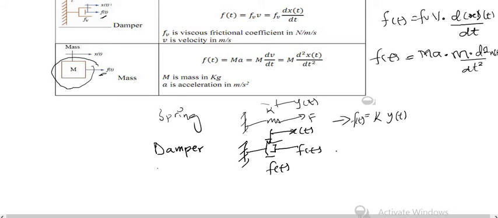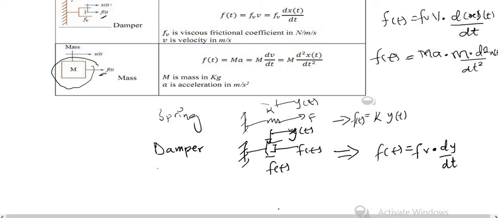So we say f of t must be equal to the frictional coefficient f of v times the first derivative. Assuming that here it is y, let's change to y. We say the differential of y, that's the first derivative.